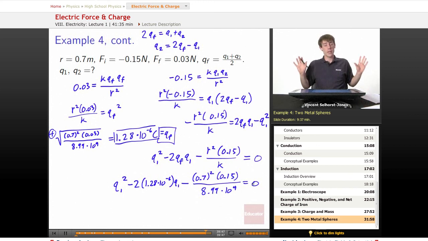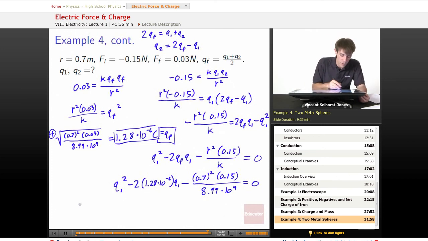Now, this is pretty ugly. I'll be honest, it's not a very easy thing to solve, not very fast, not very quick. But we've got some number in front of Q1 squared, some number in front of Q1 by itself, and then some constant. We can figure out what each one of these values is, and we could either plug it into the quadratic formula, or if you've got some sort of powerful calculator, you could use an algebraic solver on that calculator to solve this whole equation.